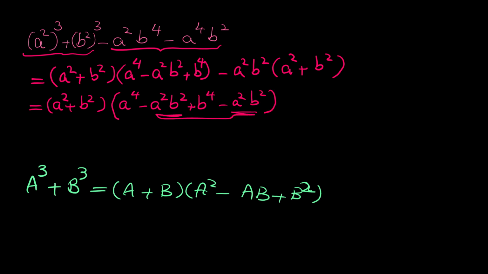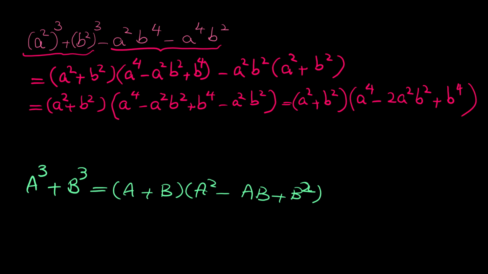This term is similar to this term, so we can combine these two. So we can write this in the form of a² plus b², then we have a⁴ minus 2a²b² plus b⁴.